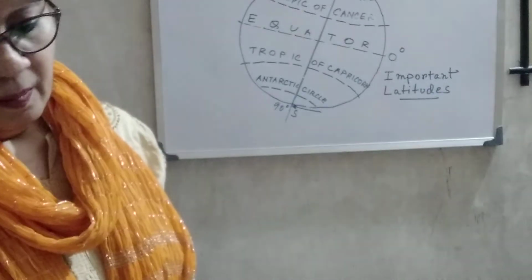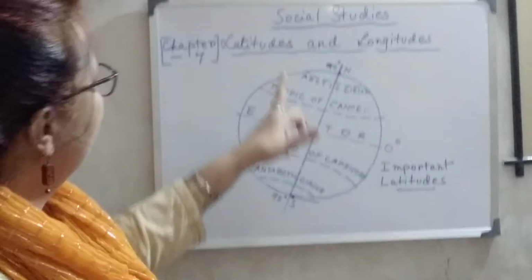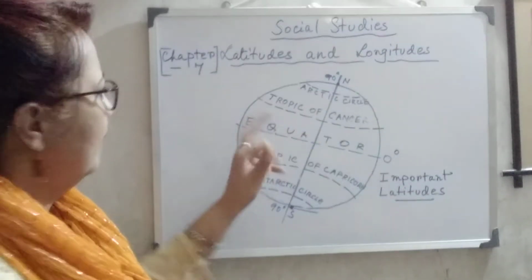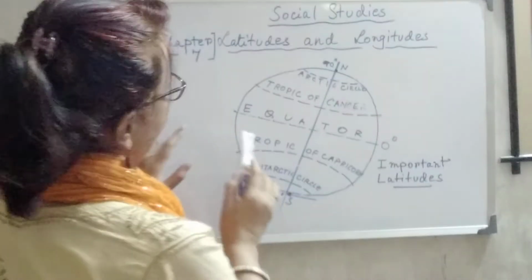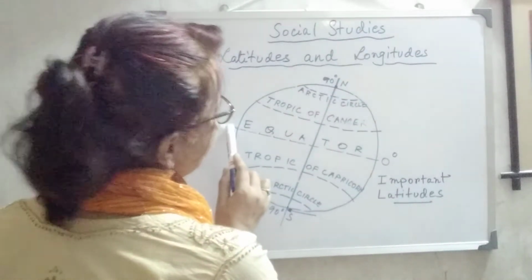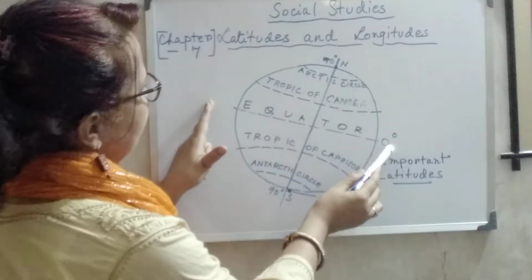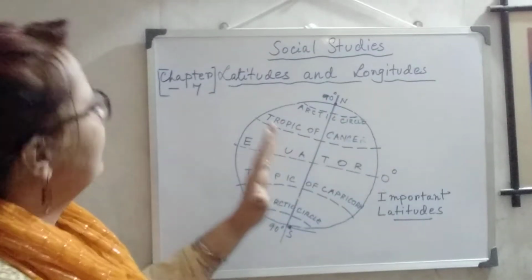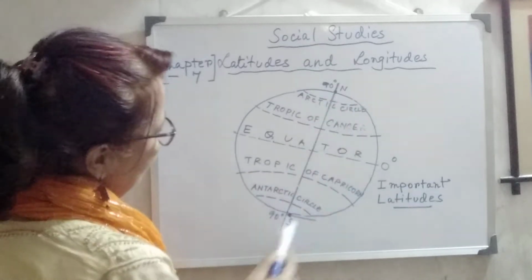And here, firstly I'm telling you about latitudes. Okay, our earth is spherical in shape, just like that. And here a line goes around the center of the earth. It is called the equator. This is an imaginary line, and you can see here another line running from north to south.